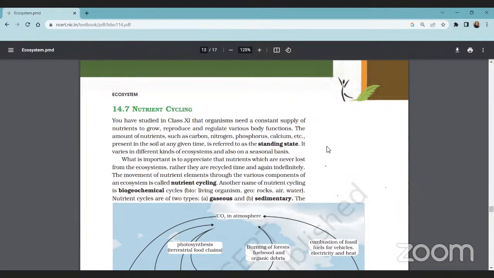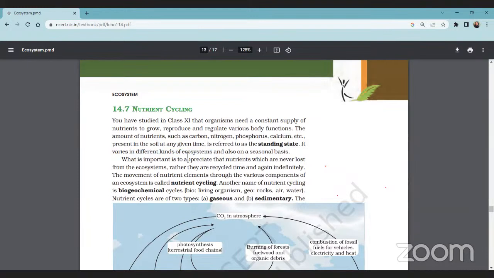If soil contains all these nutrients, it is called fertile soil, and in that area the plants will grow very healthily. It varies in different kinds of ecosystems and also on a seasonal basis. Different kinds of ecosystems, as we already discussed, may be aquatic or terrestrial.